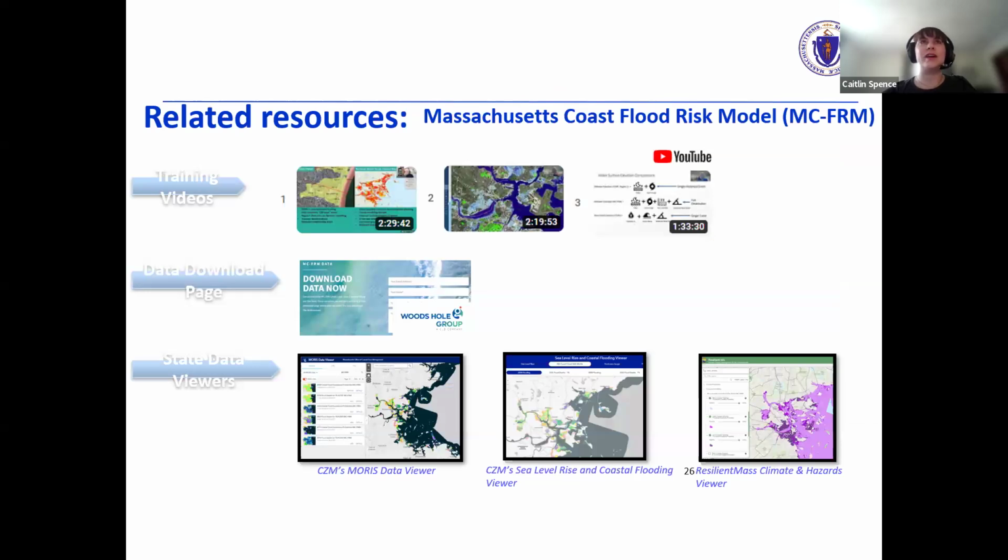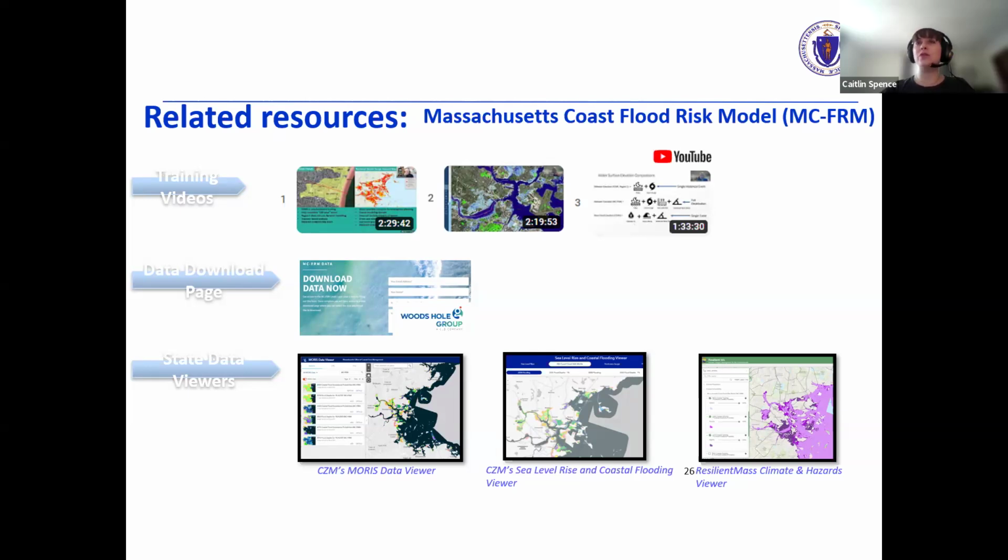I also wanted to highlight some training and background on the Massachusetts Coast Flood Risk Model datasets, which are pulled into the Climate Resilience Design Standards tool. We have 3 training videos on understanding the dataset on YouTube.